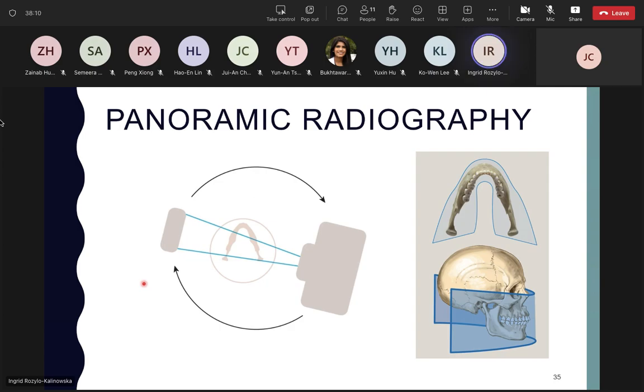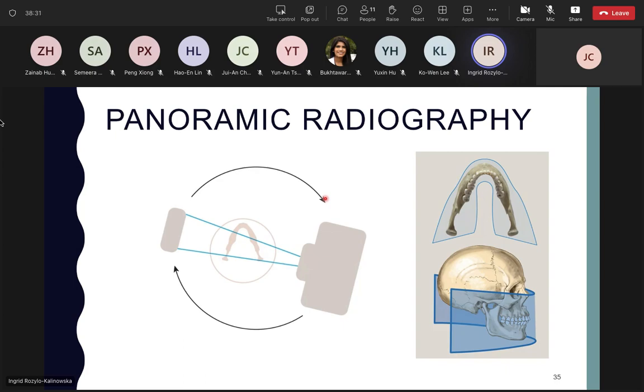So in general, the basic principle for panoramic radiography is the same since the beginning of the 1950s. So the rotation of the X-ray tube and the image sensor in opposite directions around patient's head.